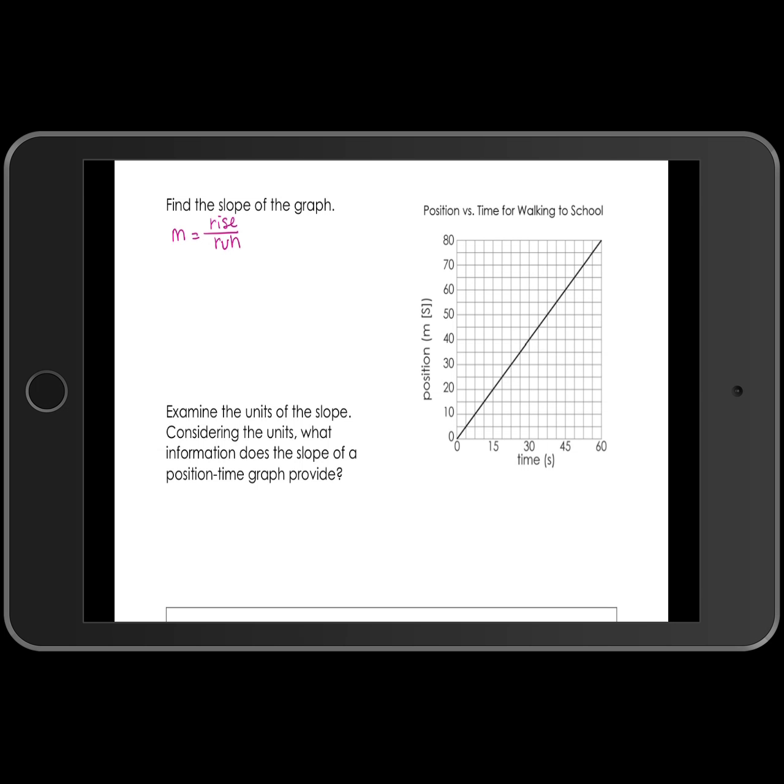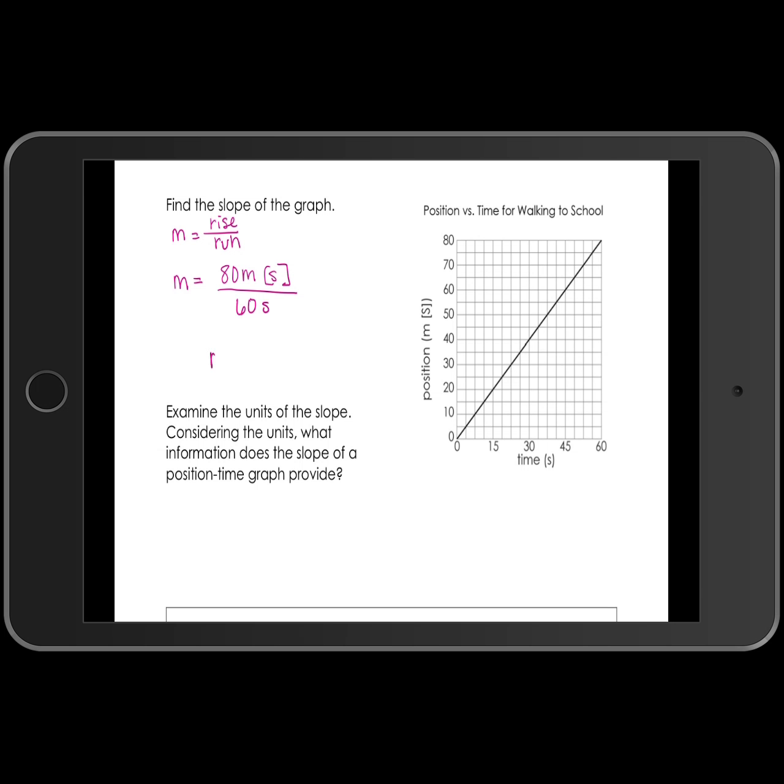If we try to find the slope of this person, the total distance, or the rise, on the y-axis is 80 meters south, over the run, on the x-axis, 60 seconds.